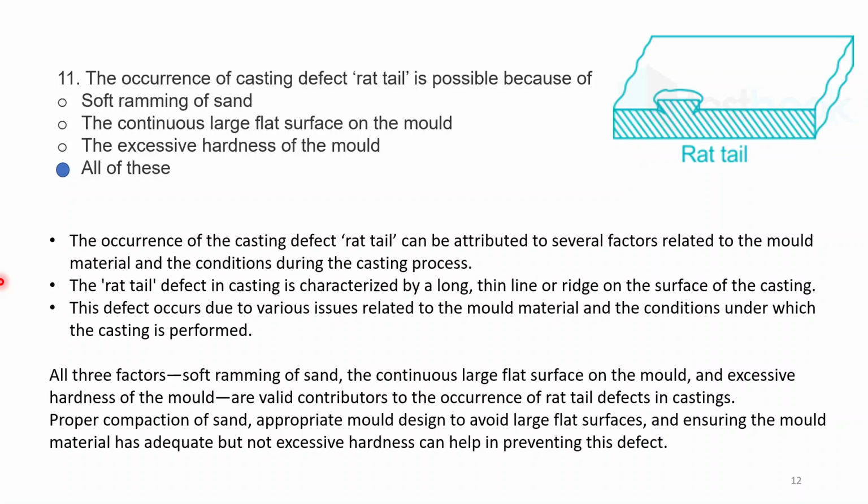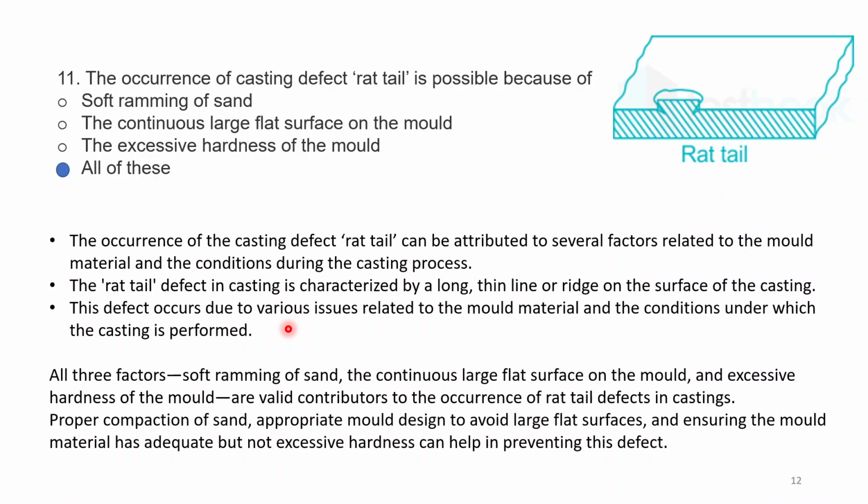The occurrence of the casting defect red tail can be attributed to several factors related to the mold material and the conditions during the casting process. The red tail defect in casting is characterized by a long thin line or ridge on the surface of the casting, and the defect occurs due to various issues related to the mold material and the conditions under which the casting is performed.